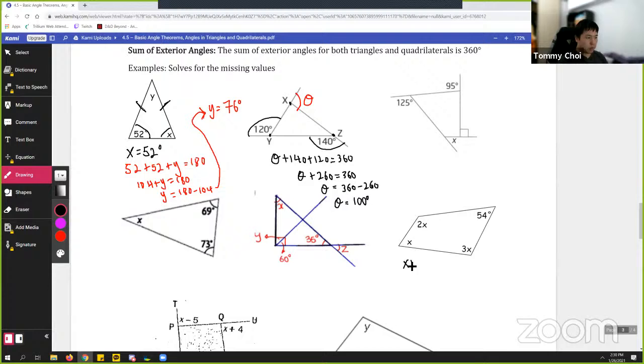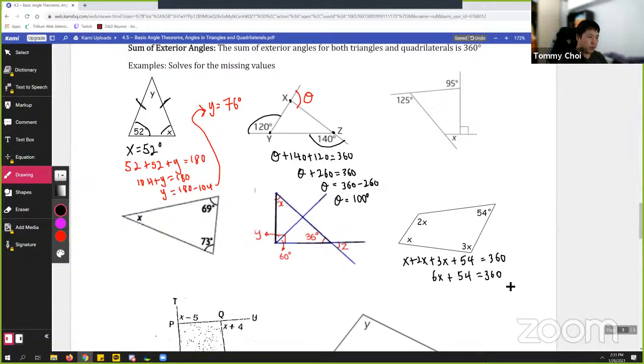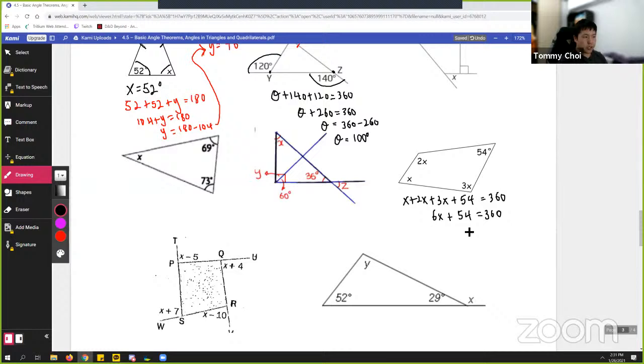So x plus 2x plus 3x plus 54 is equal to 360. Collecting like terms, x plus 2x plus 3x gives me 6x, and we get 6x plus 54 is equal to 360.